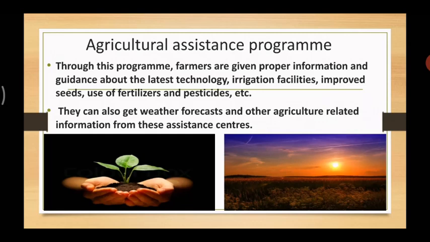Use of fertilizers and pesticides, etc. They can also get the weather forecast and other agricultural related information from these assistance centers.